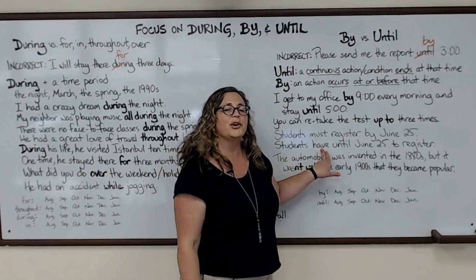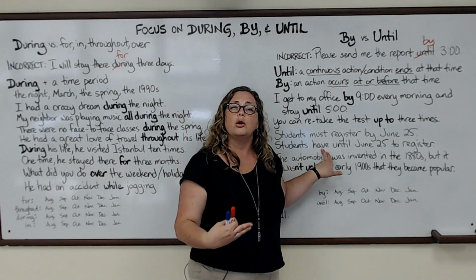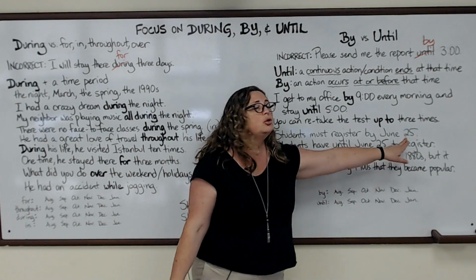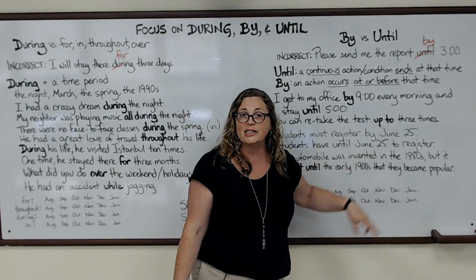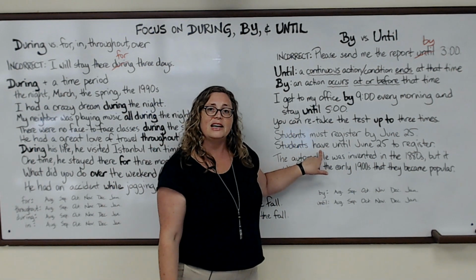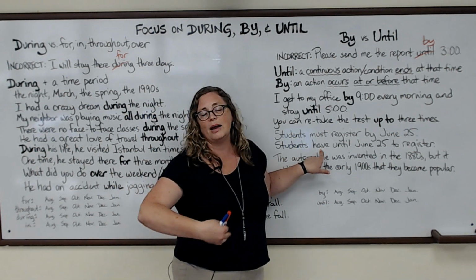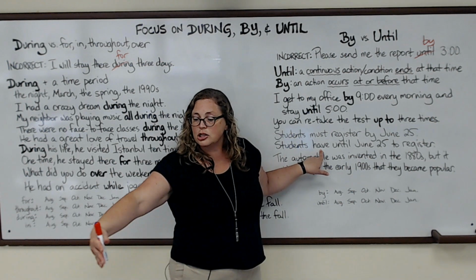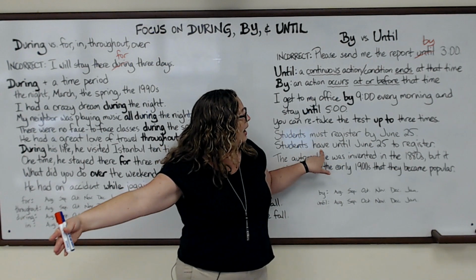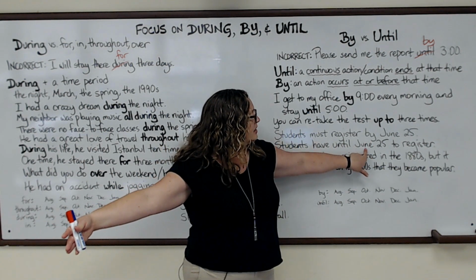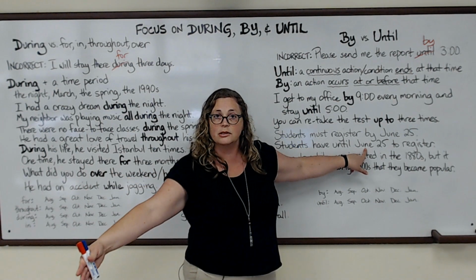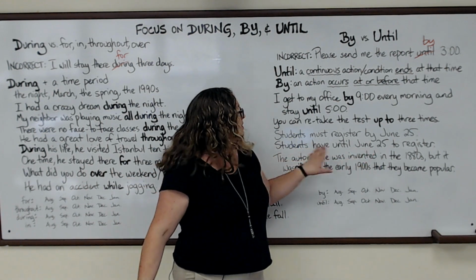It's using the verb have. You say that you have until a time to do something, with an infinitive after it. This means that the idea of having the time, the condition, exists all the time until June 25th. June 25th, it stops. So this is how we say that.